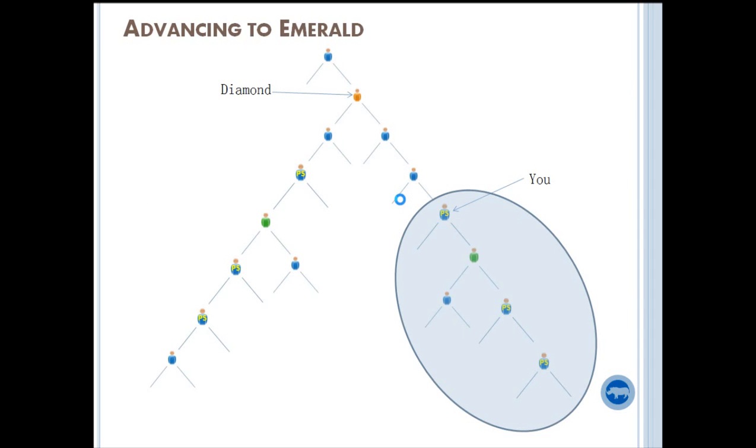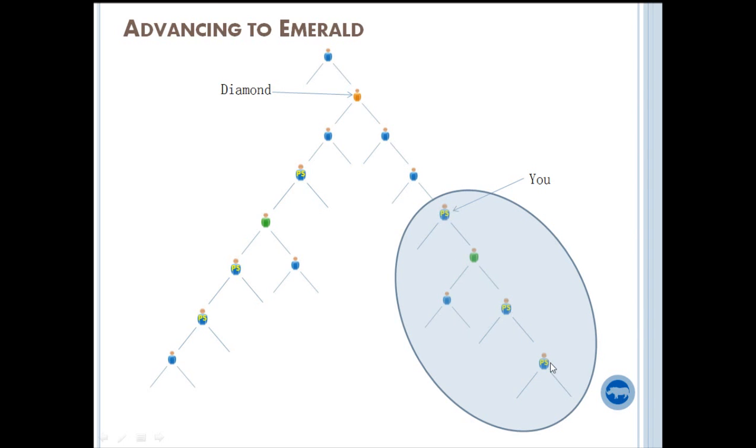All right, so let's look at a scenario of advancing to Emerald, and then the same person advancing on to Diamond. Here's my organization. Let's say I'm the Diamond coach, and there's you right there, my personally sponsored regular coach.